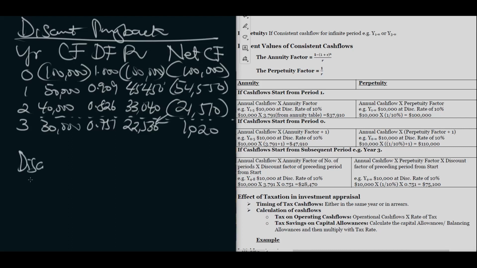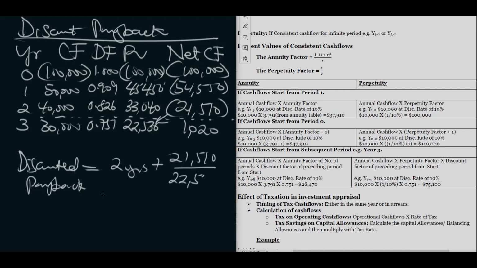And this 21,510 was paid out of this 22,530, meaning our discounted payback, just like we did the other payback, is simply what? 2 years plus 21,510 over 22,530. So that means your payback is 2 plus 21,510 divided by 22,530.